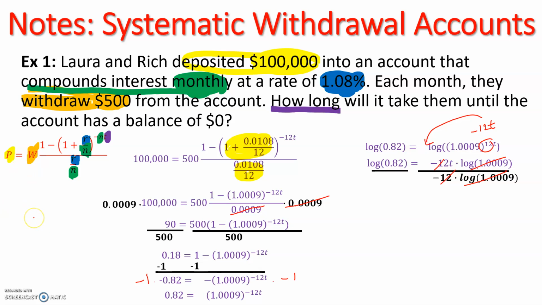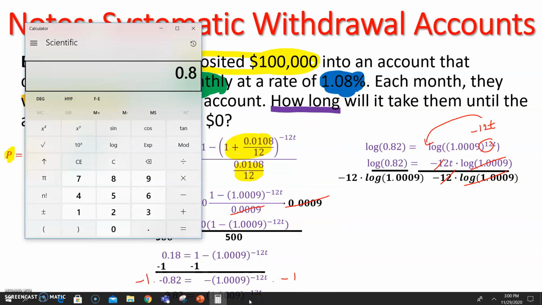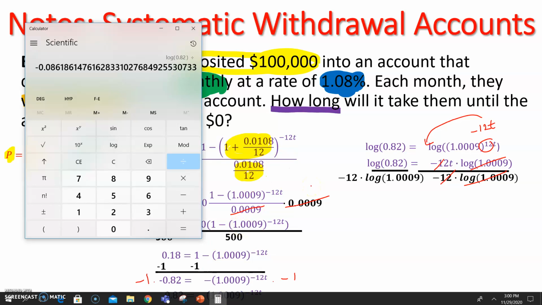All right, so let's see what this comes out to be. I'm going to grab my calculator again. And remember, when we're using the computer calculator, we have to type in the number and then log, divided by 12, negative, hold on, give me a moment.